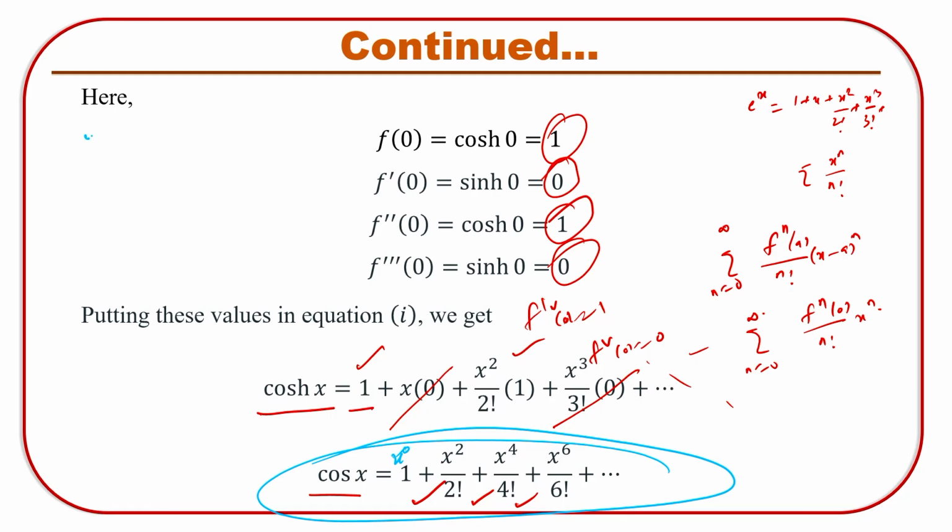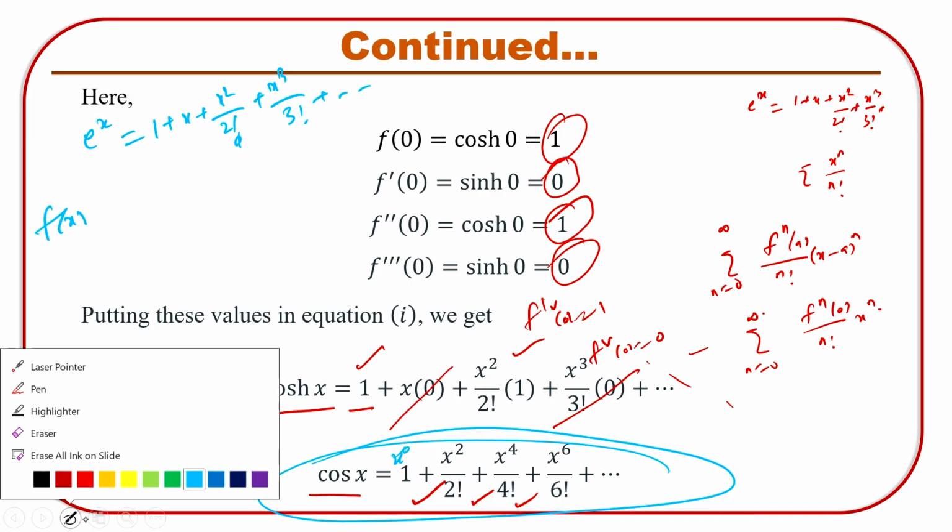Maybe we can find e to the power x. For the Maclaurin series, the exponential is quite easy: 1 plus x plus x square by factorial 2 plus x cube by factorial 3 plus and so on. Can you find it? Obviously, we can find it.